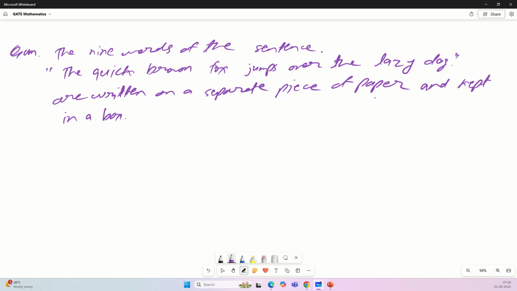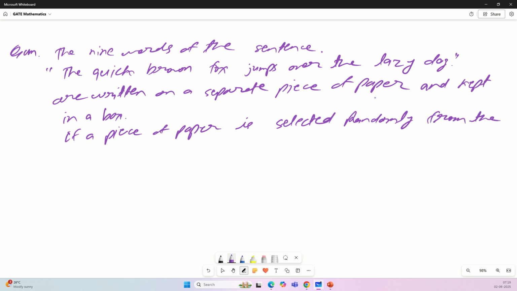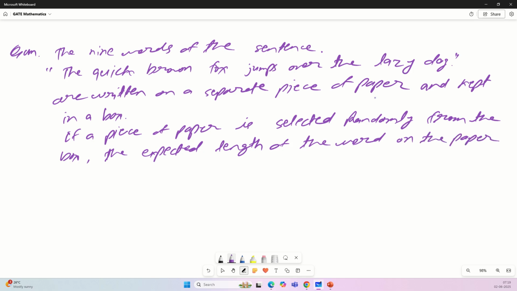If a piece of paper is selected randomly from the box, the expected length of the word on the paper is?